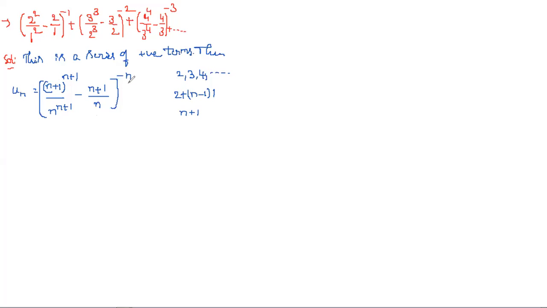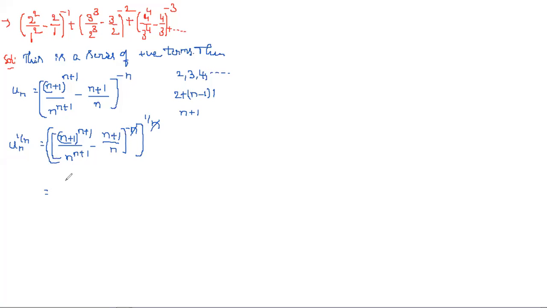If you observe, here it is also power n, so we have to go for Cauchy's nth root test. First, un power 1 by n equals n plus 1 whole power n plus 1 by n power n plus 1, minus n plus 1 by n whole power minus n, and this is completely whole power 1 by n. Here the n and n both cancel.